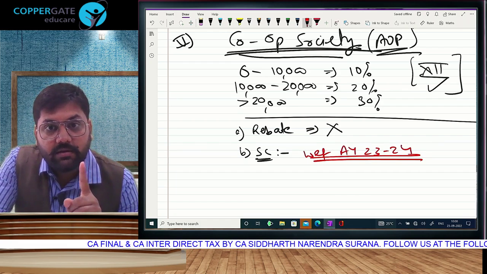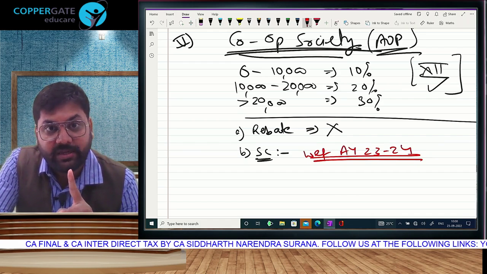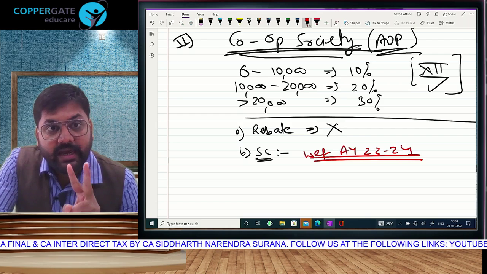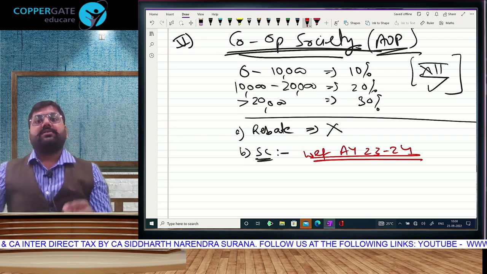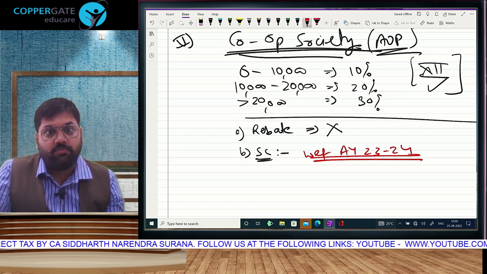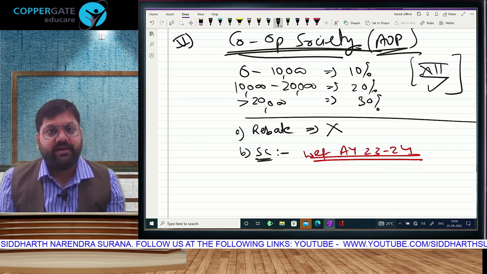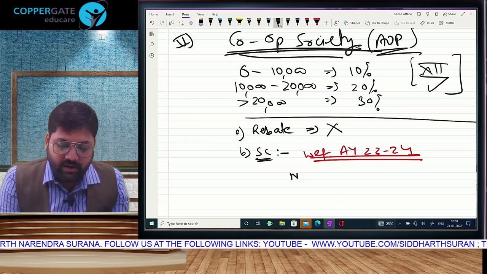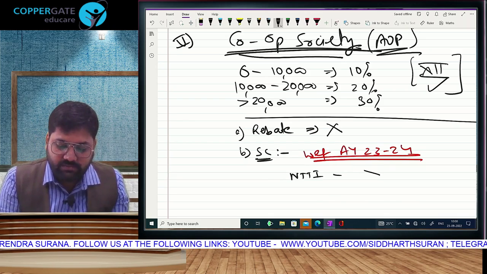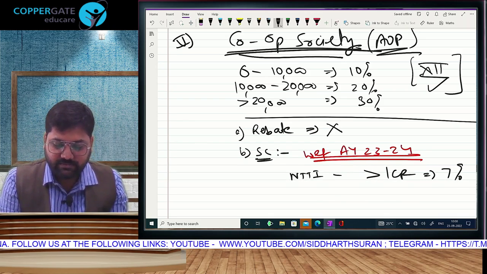First amendment, 112 ka long term capital gain will also fall in the 5 special incomes. Second amendment, surcharge in AOP. If all are company members, then not more than 15. Third and the last amendment, surcharge for cooperative society will change. If your net taxable total income is more than rupees 1 crore, we will apply 7% surcharge.